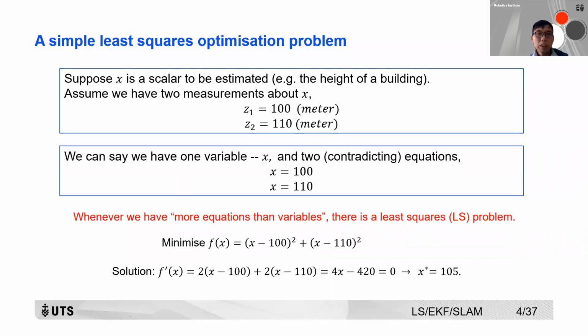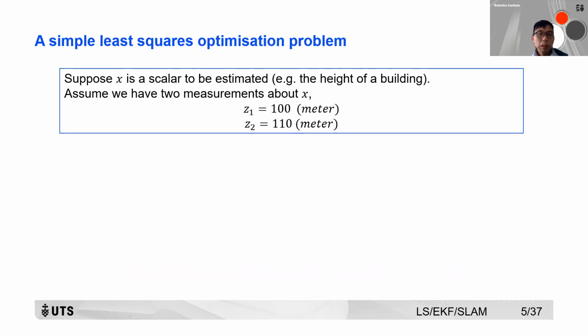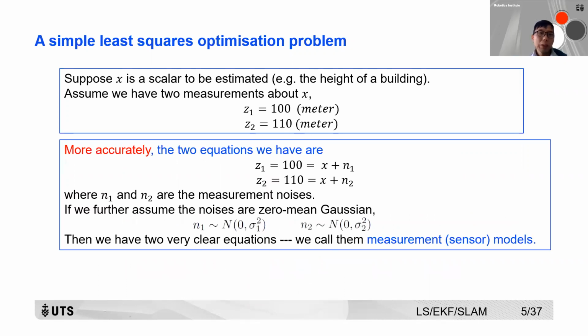So this is a very simple least square problem, but I tell you the fact that in least square, we have more equations than variables. Let's try to be more accurate. The more accurate way to say it is we have two equations like this. The first one is 100 equals X plus noise, and 110 equals X plus noise.